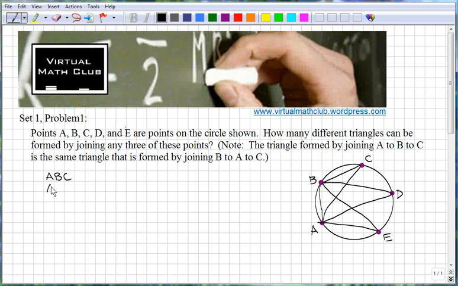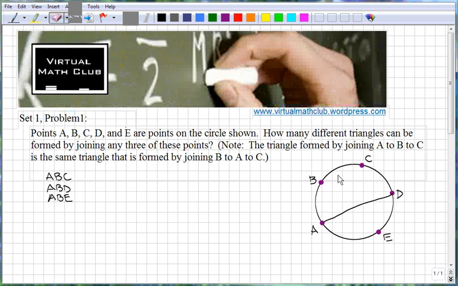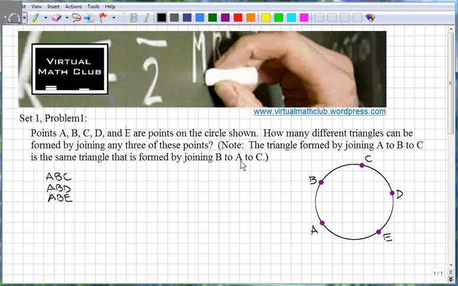We have ABC, ABD, and ABE. Okay? And so that's all we can do with the side AB. So let's get rid of these triangles and let's move on to the side AC.